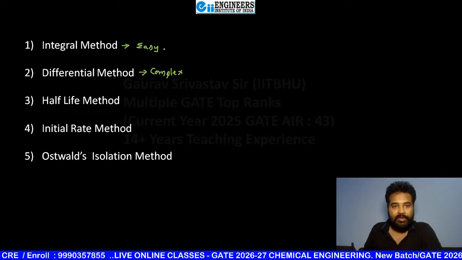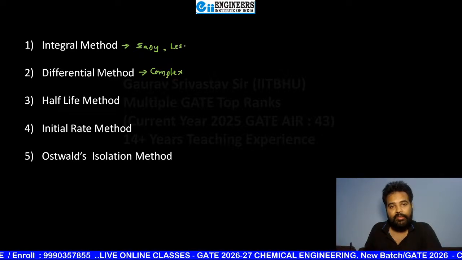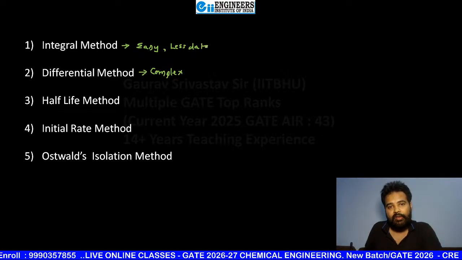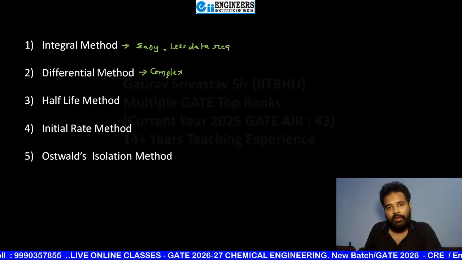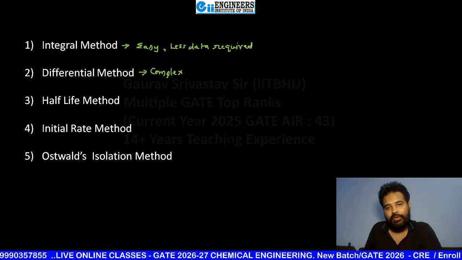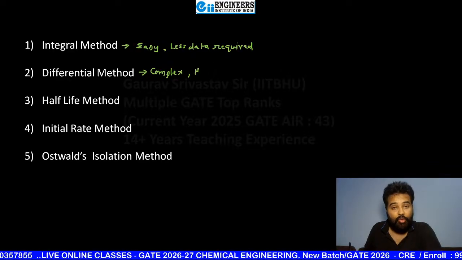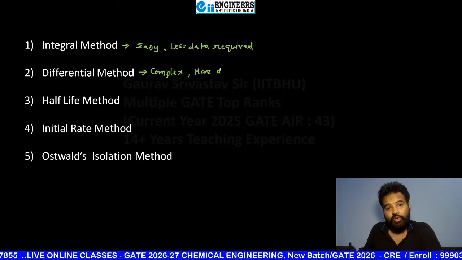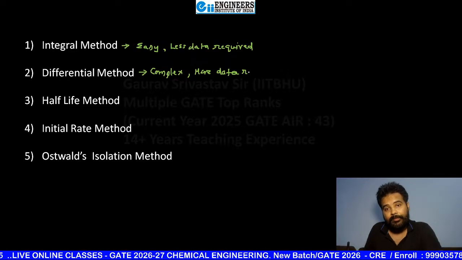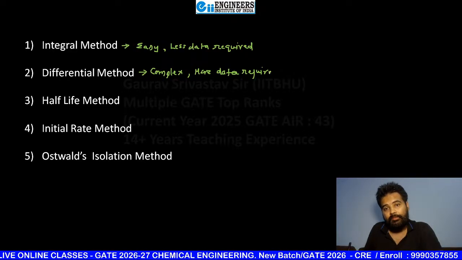In this method, less data required. Less data required. That means the data between T versus CA. But here, more data required.